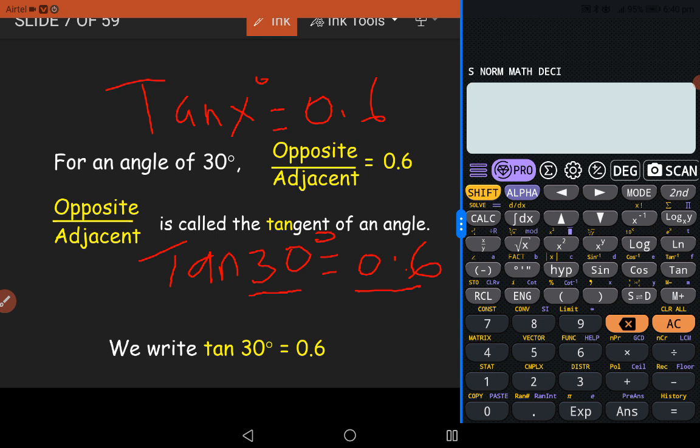On some calculators, it's written second function. When you press shift and then tangent, it will give you something like tan to the power minus 1. When you punch this 0.6 in your calculator, you should be able to find the angle there. Roughly, this angle is 30 degrees.